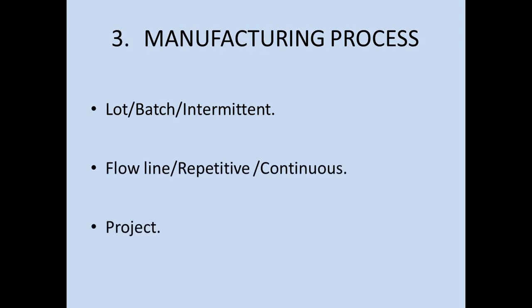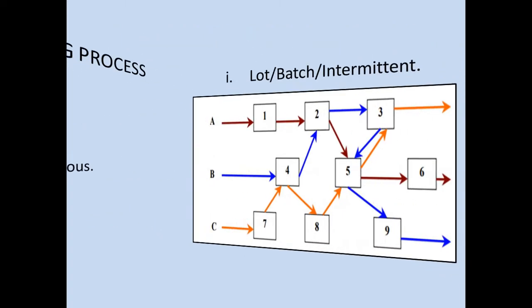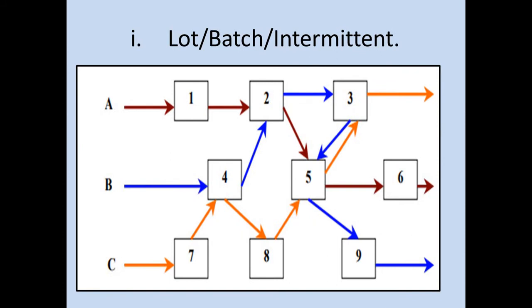In the manufacturing process, we have 3 types: lot or batch (intermittent), flow (repetitive or continuous), and project. Lot or batch intermittent is, as the name suggests, the production of particular components or products in batches. For example, if we have 9 machines, a particular product can be developed by machining it through different machines.